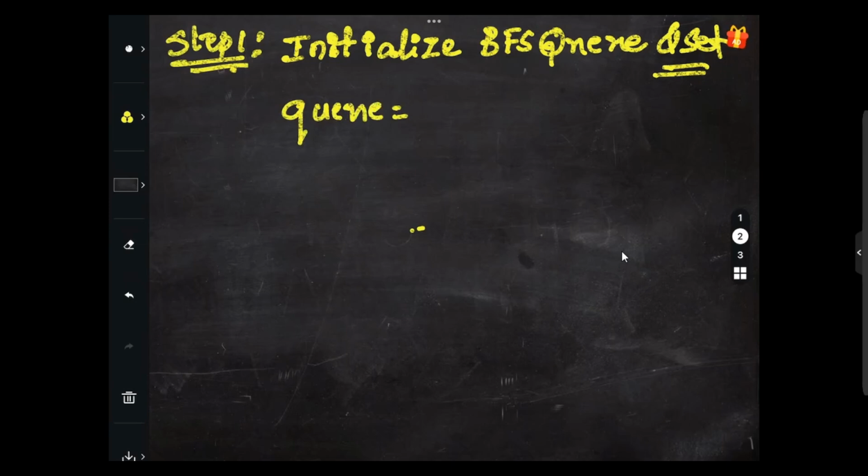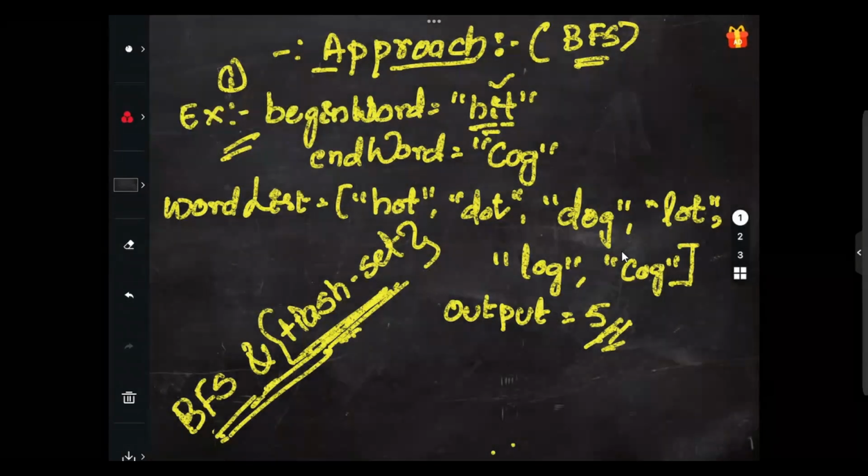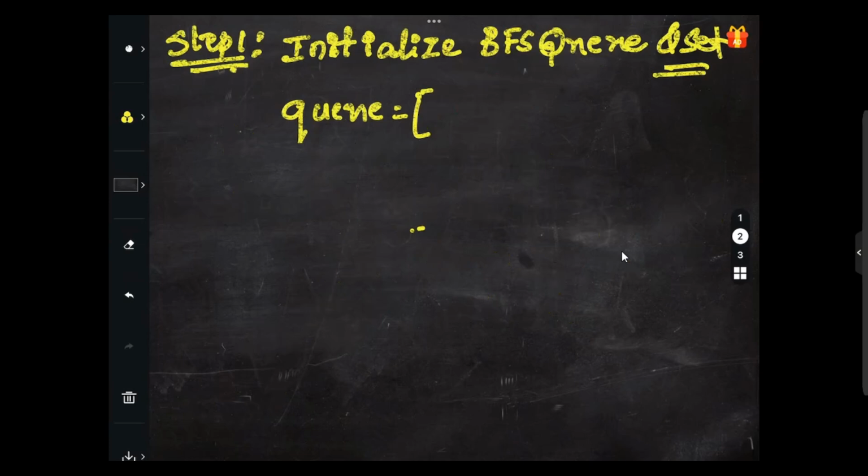Initially, the begin word we have here is hit. You can clearly see we have the word hit here, right? So let's initialize the queue with hit. This is the word, and this is the first level. So the level we will be considering as 1 here in the queue.